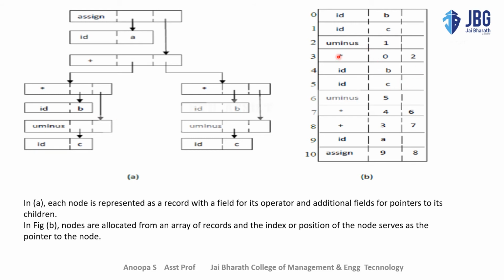So into is the operator, and b is present at index 0 and unary minus c is at index 2. So I have written it like this. The rest is like that only. Finally a is assigned the value: a is at 9 and the value is at 8. So these are the two different representations.